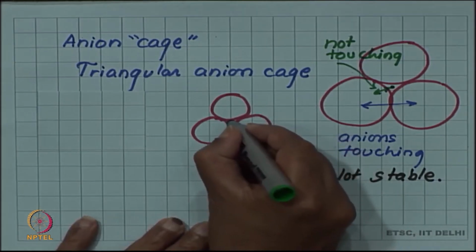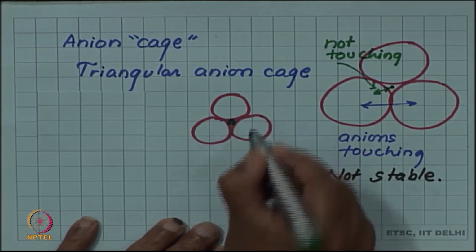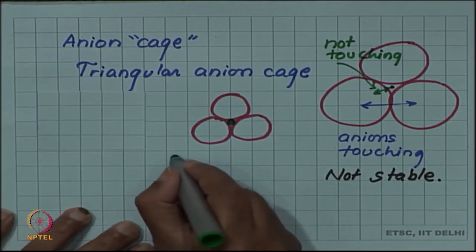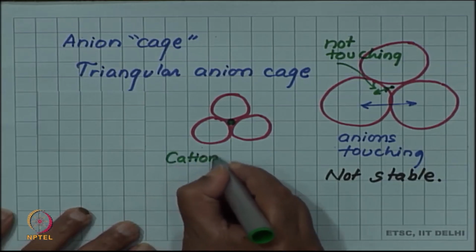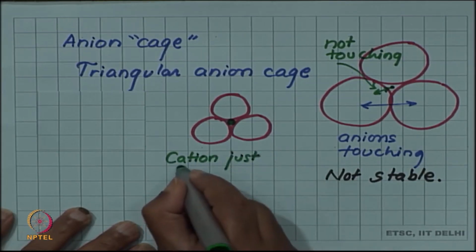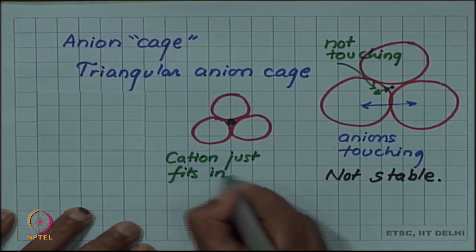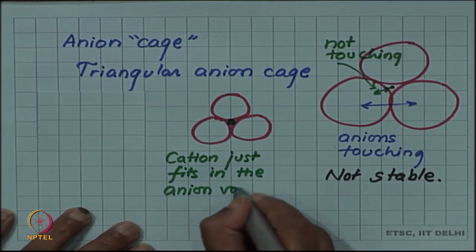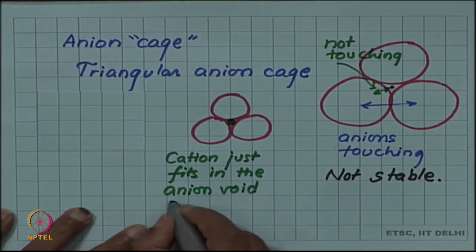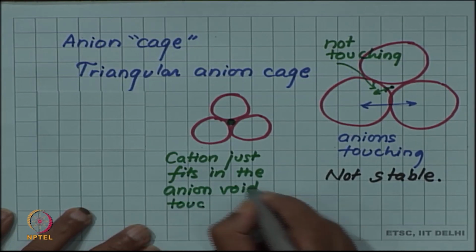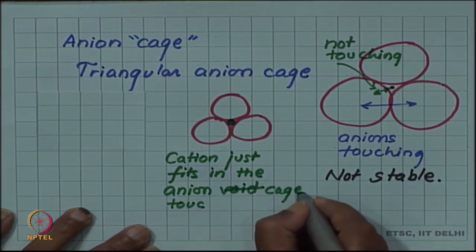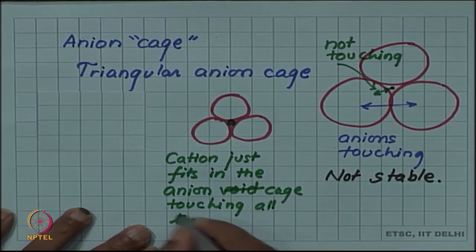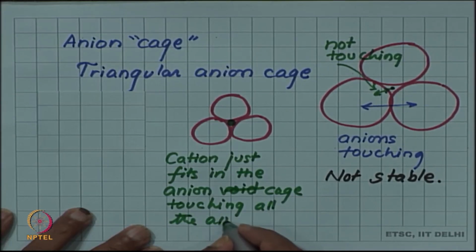Let me then consider the next case where the cation just fits in the anion void, or anion cage, as I was calling it, touching all the surrounding anions.